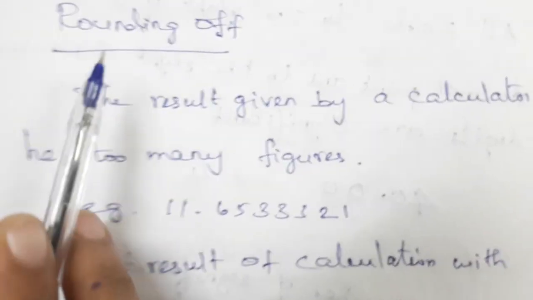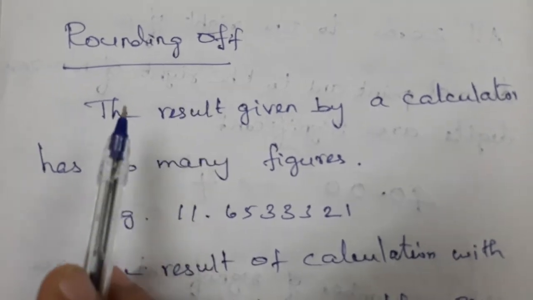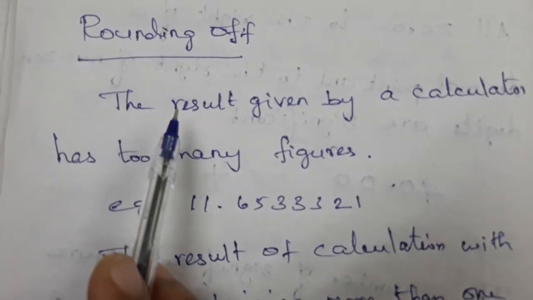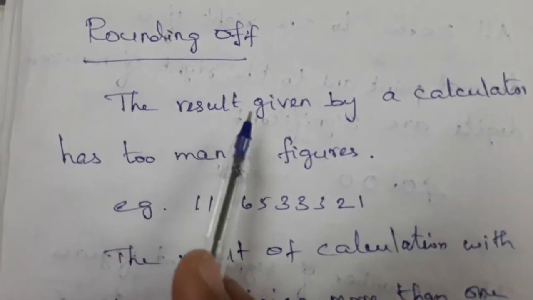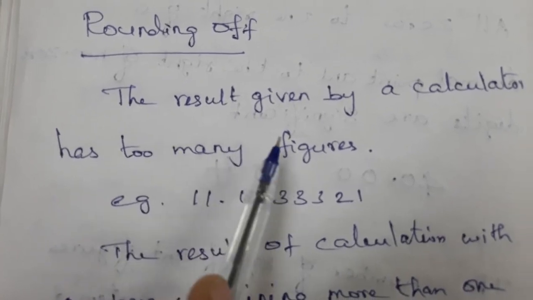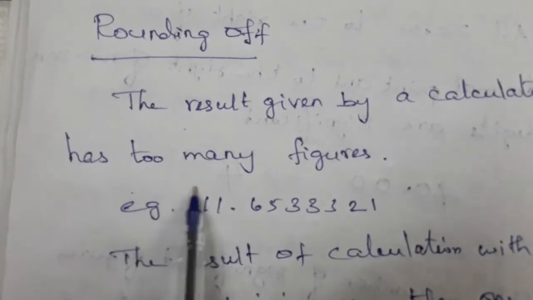The next one is rounding off. Nowadays we are using calculators for doing calculations. When you do the calculations, the calculator may display so many figures. The result given by a calculation has too many figures.